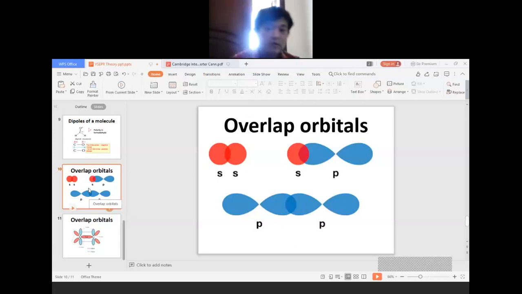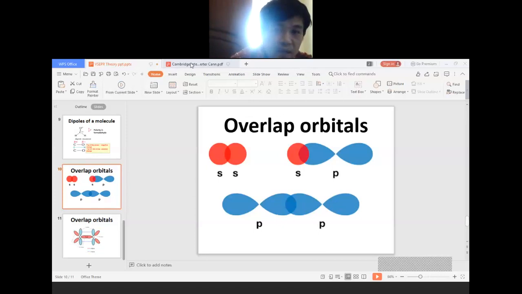For the rest of the subtopics, you have to read from the textbook. So in here, I explained already this one, and then the overlap of orbitals.